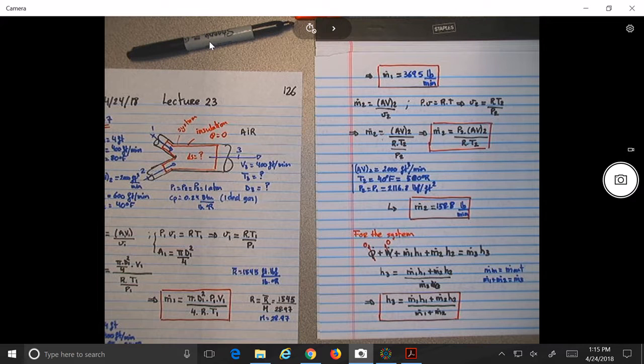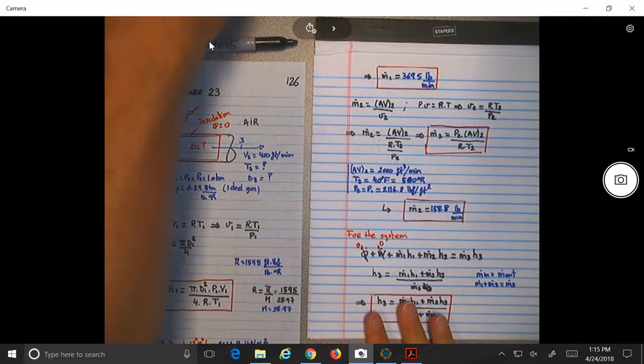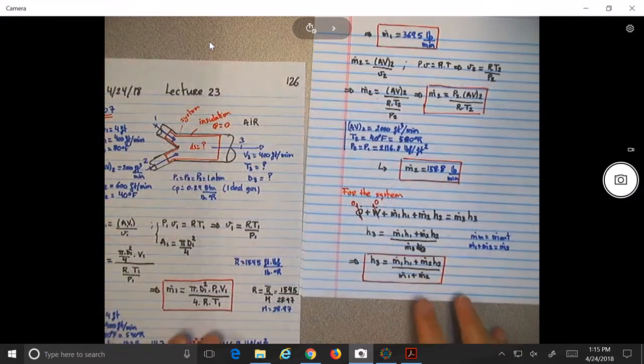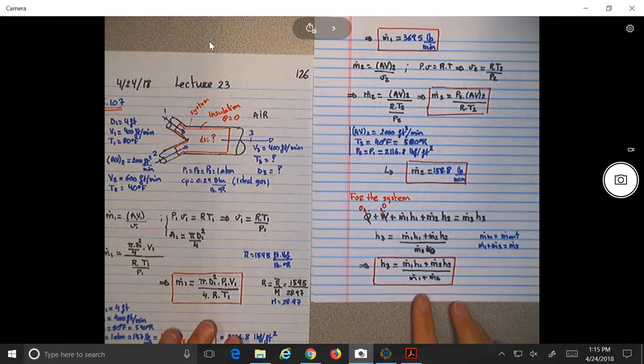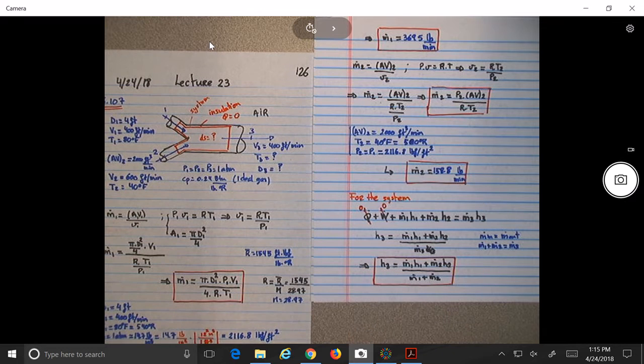Okay, so I see two different ways to solve this problem. Can we solve this problem with the H? Sure. We solve for H3, then we go to the tables and find T. In the book, in the solution, they use another solution which is also correct.